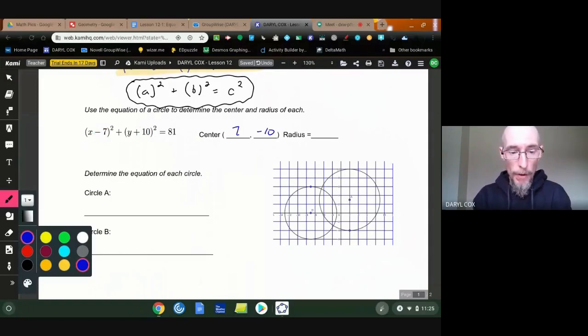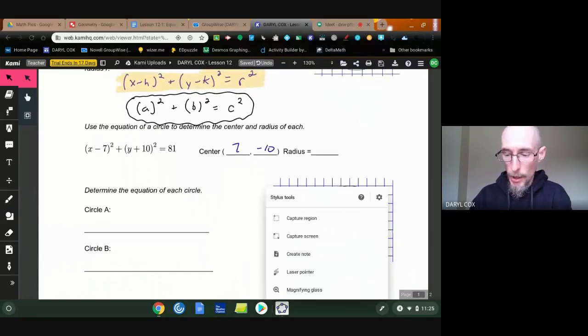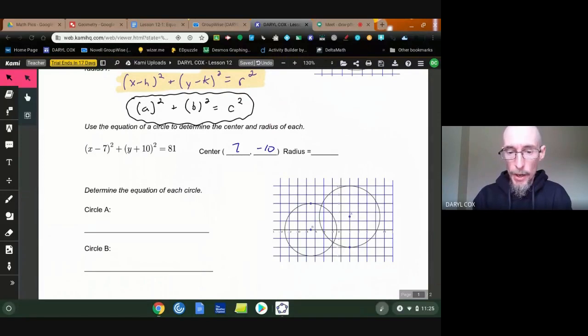But remember, my formula actually does the opposite of what you think it does. When I look at my formula up here, it's already set up as minus h and minus k, so h and k are the coordinates of my center. There's my h. H is 7.